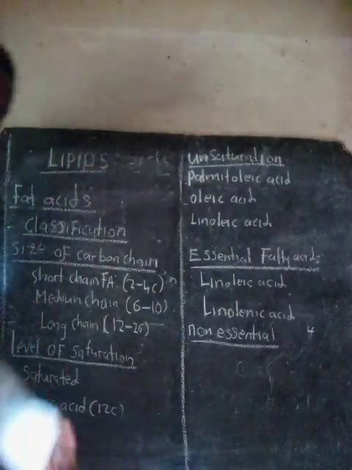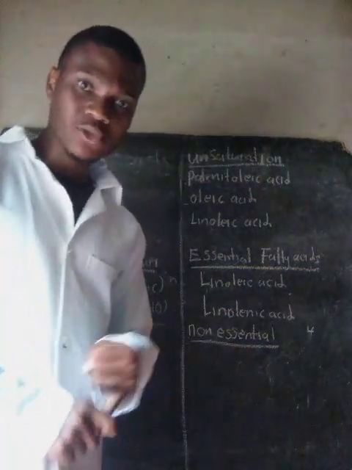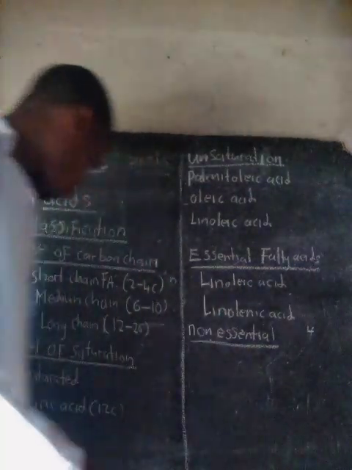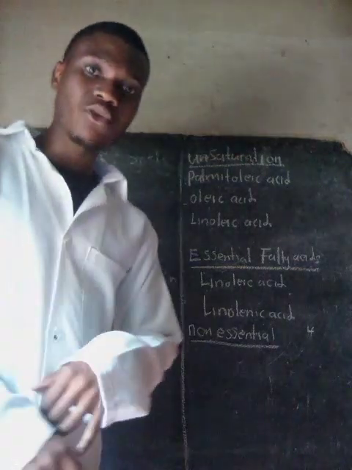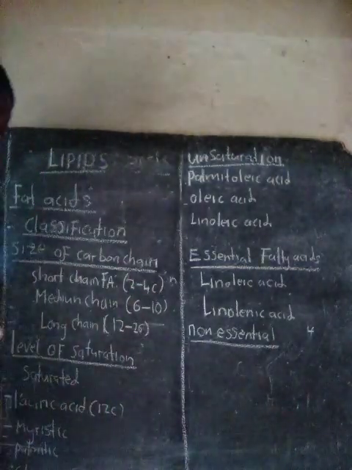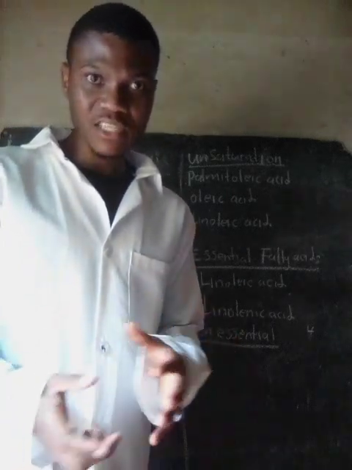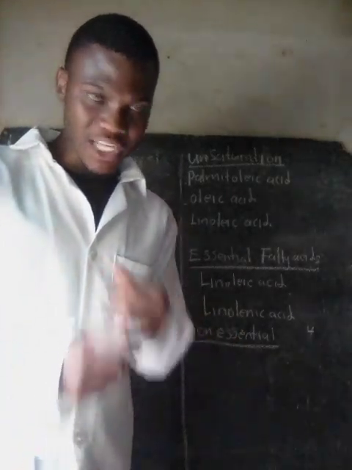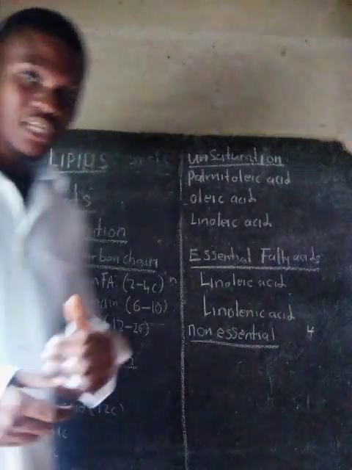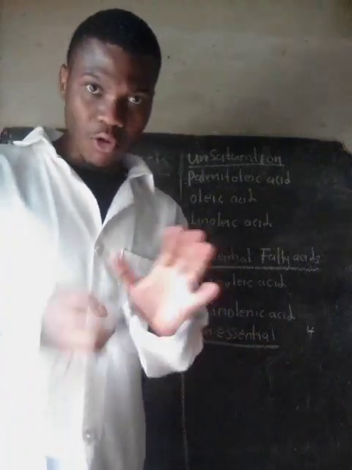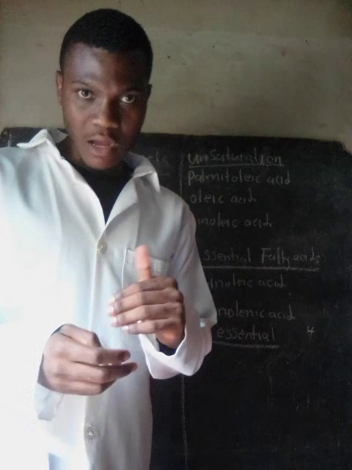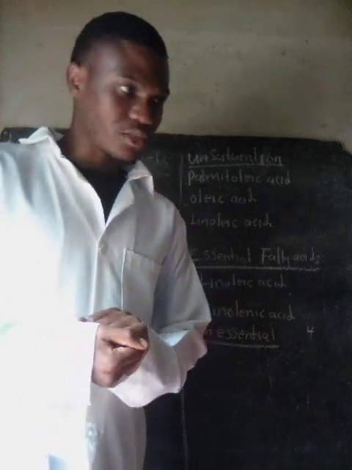Then we also have stearic, also a saturated fatty acid which contains 18 carbon atoms. Then we also have arachidic, also a saturated fatty acid that contains 20 carbon atoms. So those are some of the few saturated fatty acids.